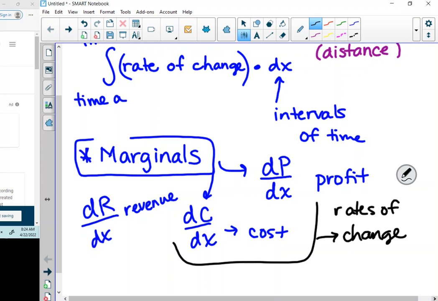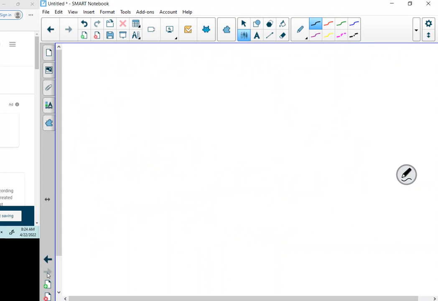So not necessarily that we would know exactly the profits in this year and exactly the profits in that year, but I can still figure out the difference in the profits from the two years just from the marginal function. I don't need the full profit, full cost, full revenue function to get a calculation of change. So let's look at an example of that kind of problem.